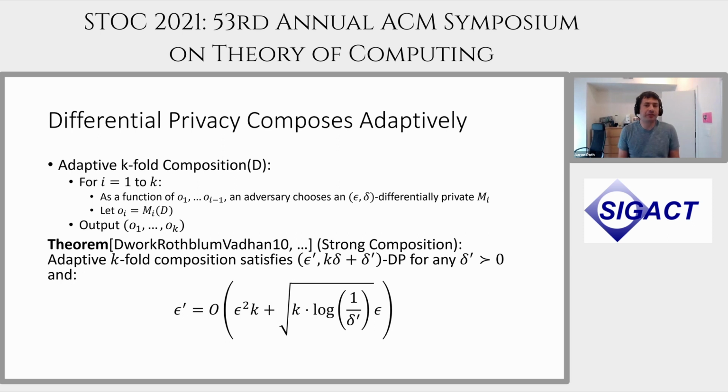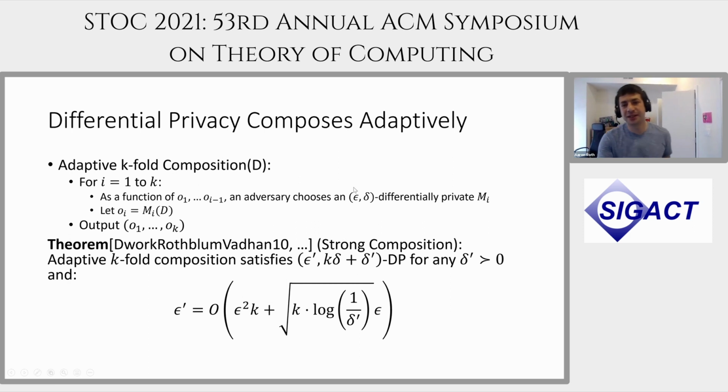And the nice thing about differential privacy, this version of the composition theorem was first proven, I guess, 11 years ago now by Dwork, Rothblum, and Vadhan, is that this adaptive composition experiment is also differentially private, and the differential privacy parameter degrades in a nice sublinear way.